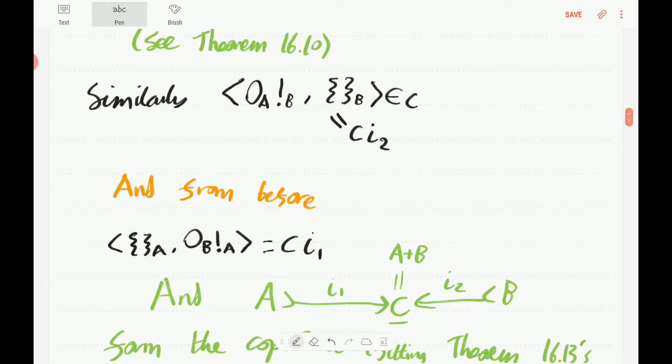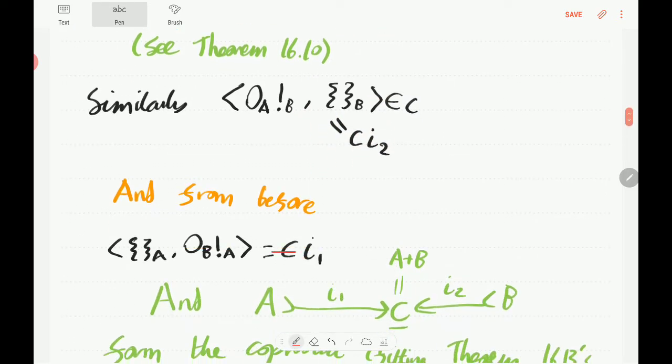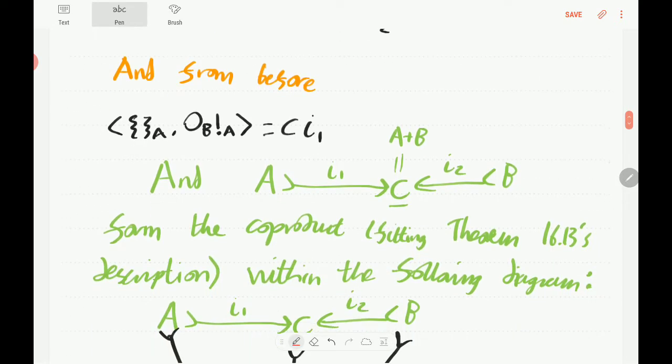So basically, because we have 0A exclamation mark B comma curly brackets in C, we can write this as C after I2. And similarly, we can write this as C after I1. So basically, we have our coproduct diagram.